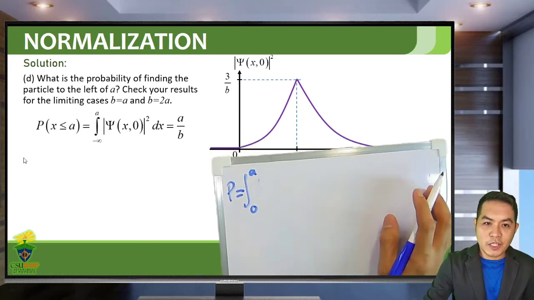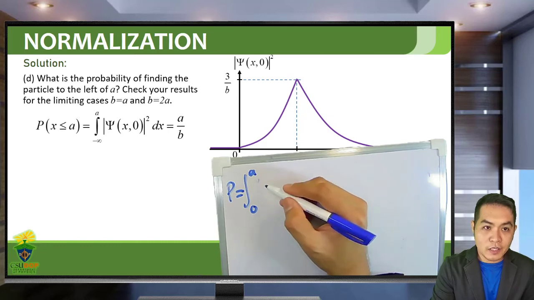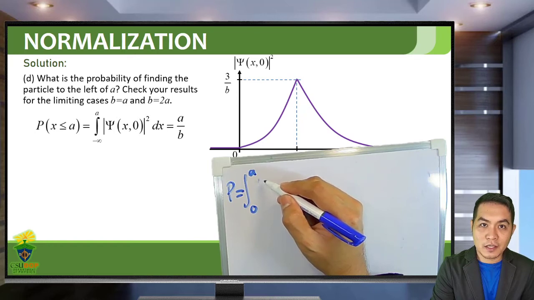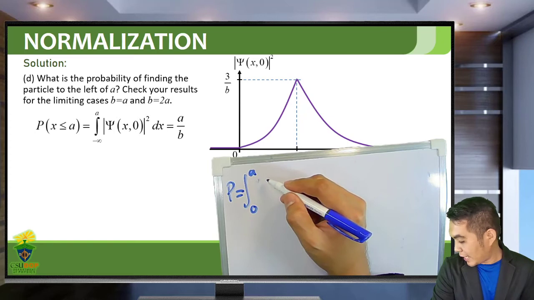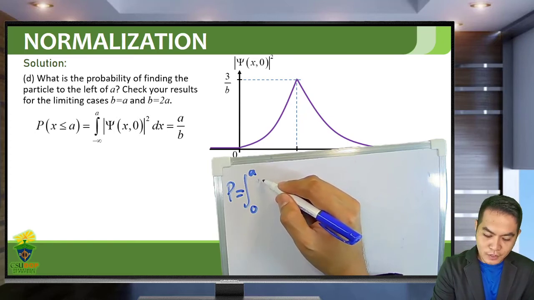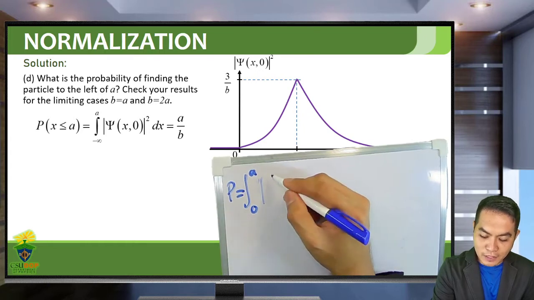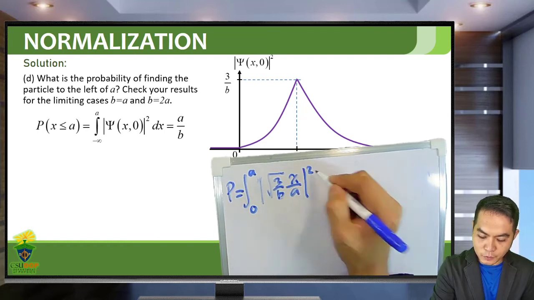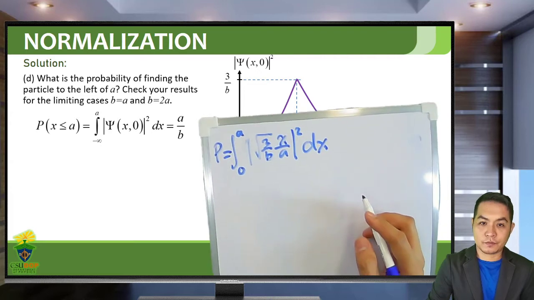So it will be just the square of our wave function. So you have the square root of 3 over b, our normalization constant, times x over a, absolute value squared, dx.